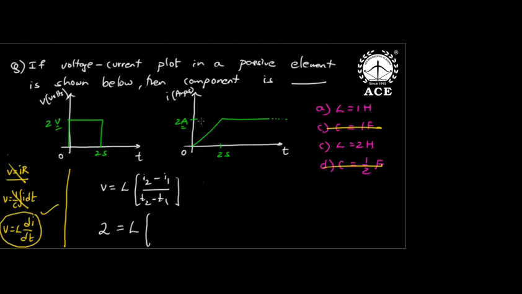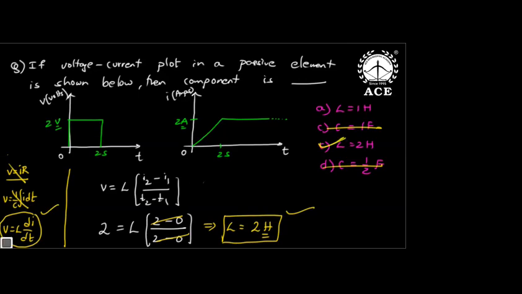The change in current, I2 minus I1, is reaching 2 amperes, starting from 0. Time is also going to 2 seconds, starting from 0. So clearly the inductance is 2 Henry. That is a simple Ohm's law concept.